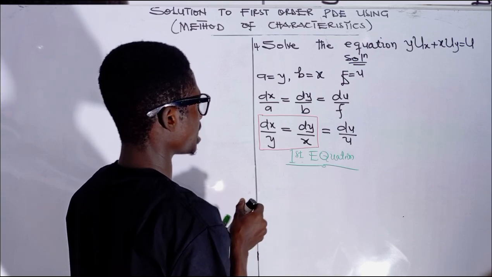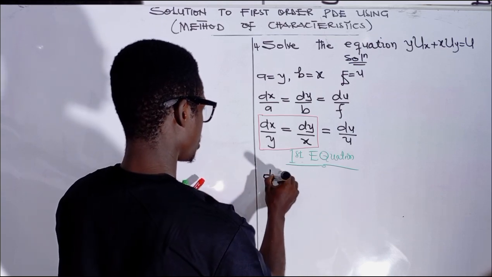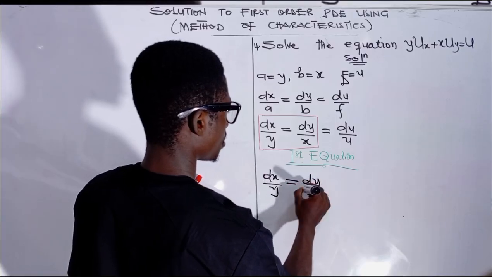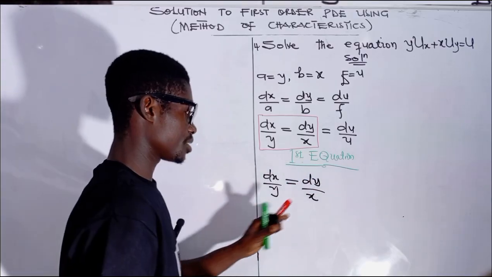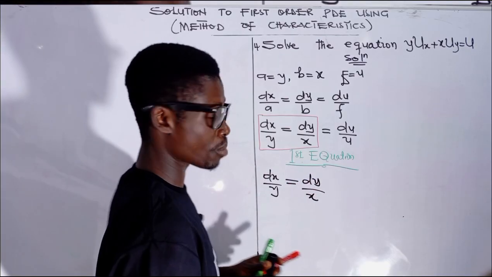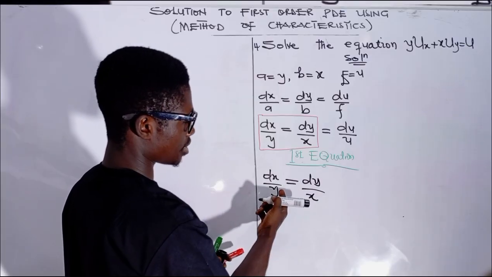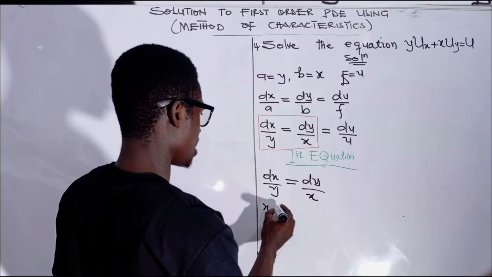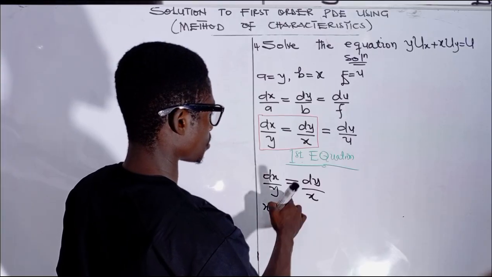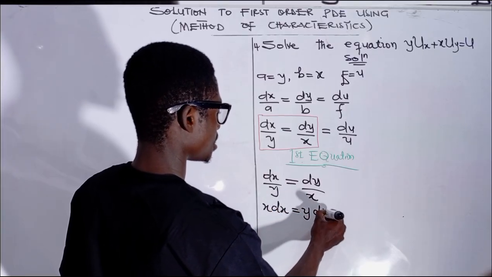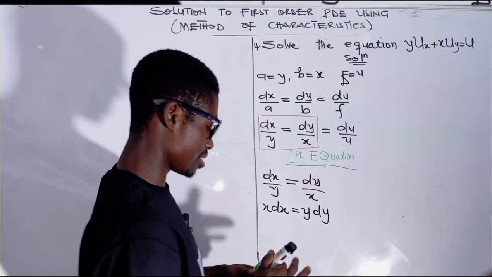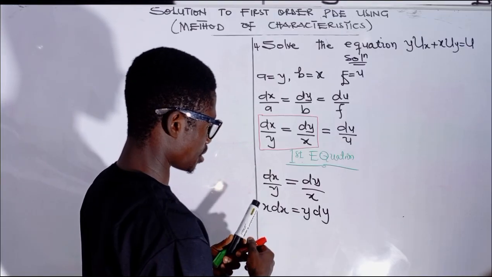So we have dx over y is equal to dy over x. From this you can see that we can separate the variables into x and then y. So this will multiply that, and we are going to have x dx is equal to y dy. Now from this we can integrate with respect to x and then with respect to y.